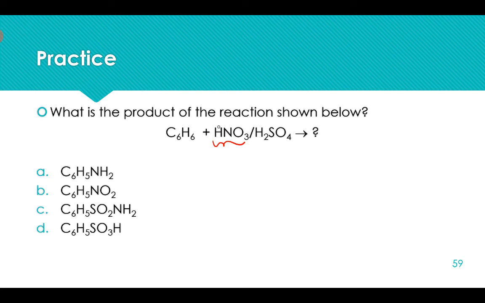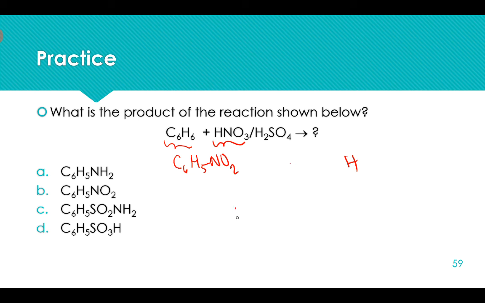So when we have this adding to benzene, this is going to be a substitution reaction. That means we're going to be removing 1 hydrogen, and that's going to leave as a byproduct. And then we're going to be adding an NO2 onto that.